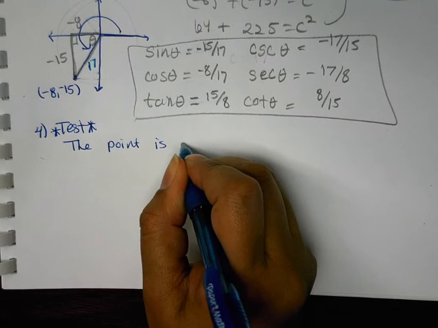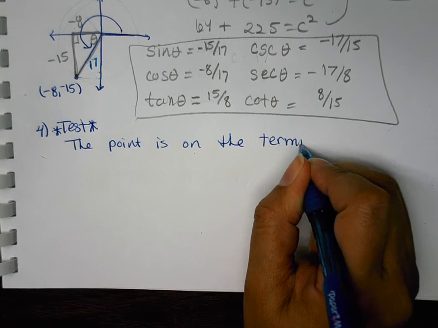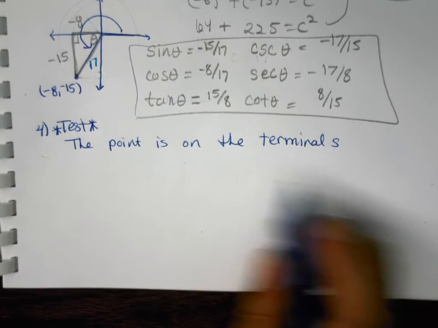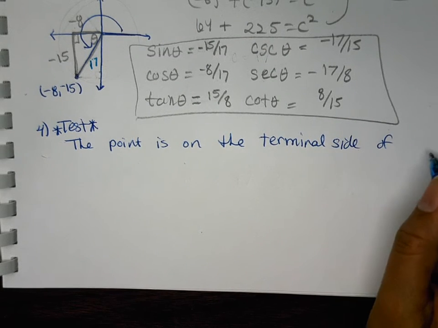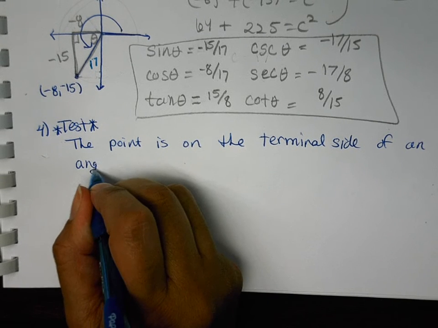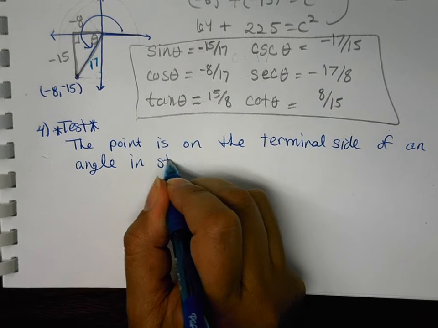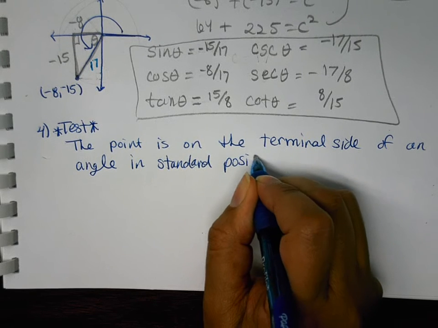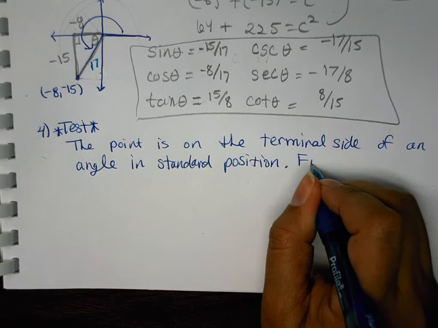is on the terminal side. We just went over what terminal side is. Do you guys remember? That's this guy right here. The point is on the terminal side of an angle in standard position. Period. This is it.